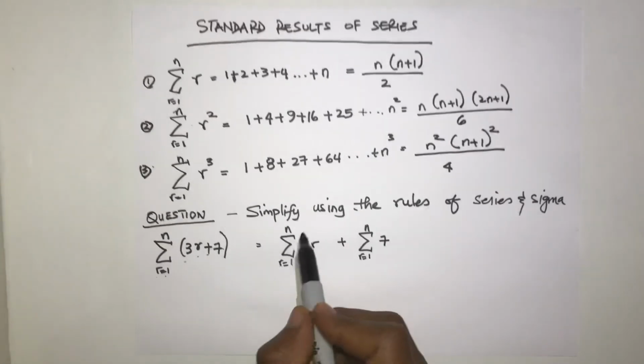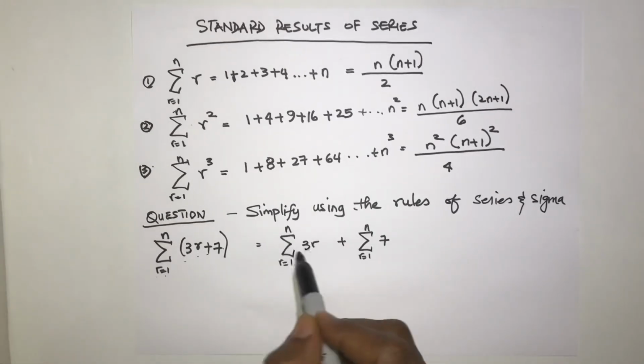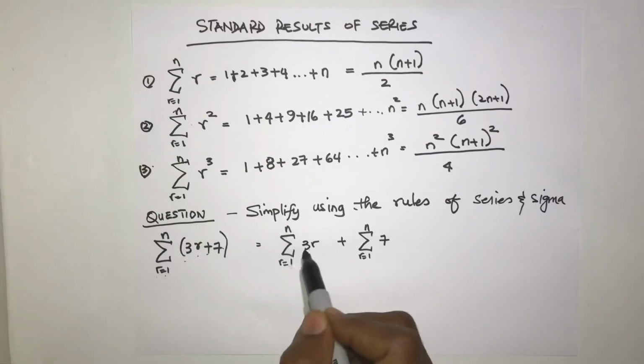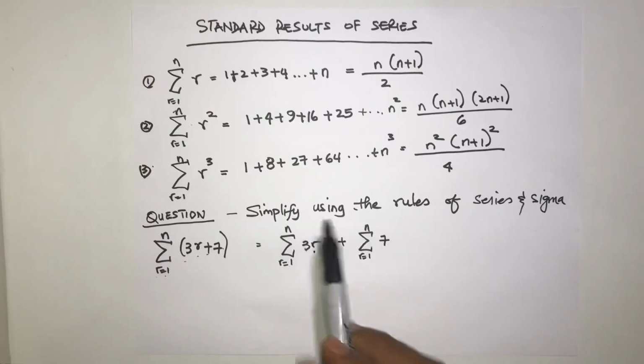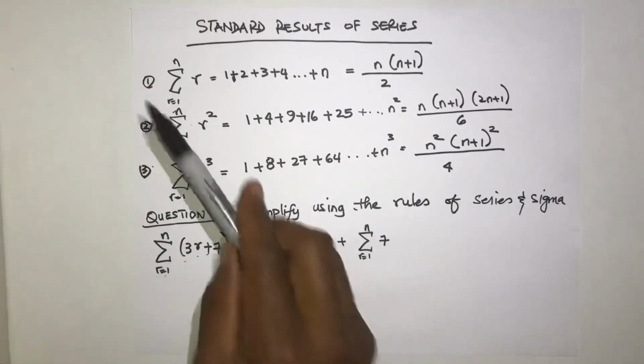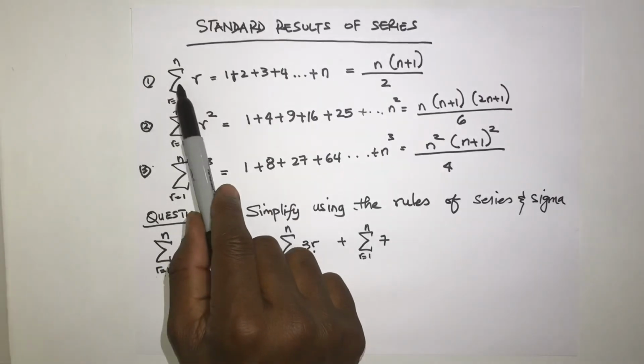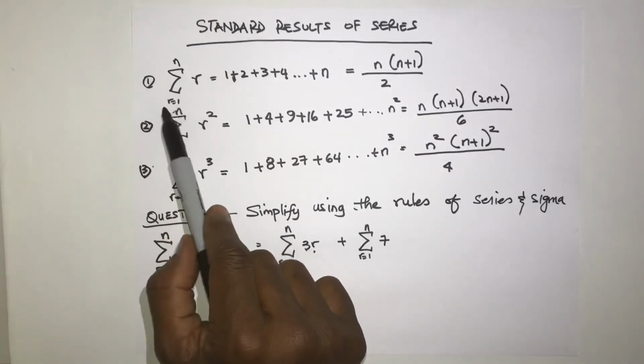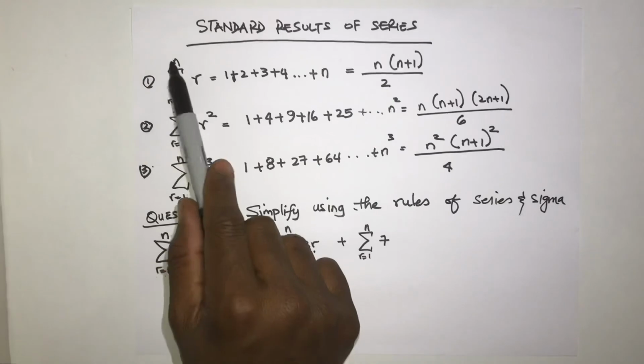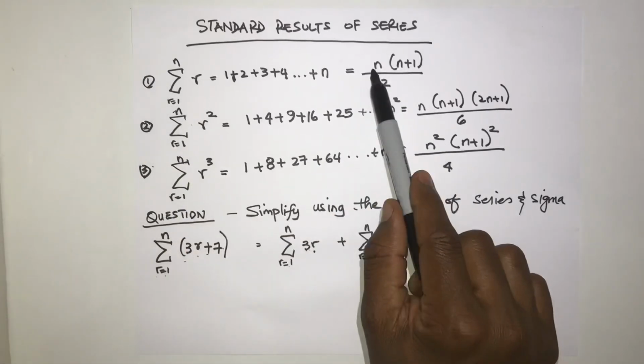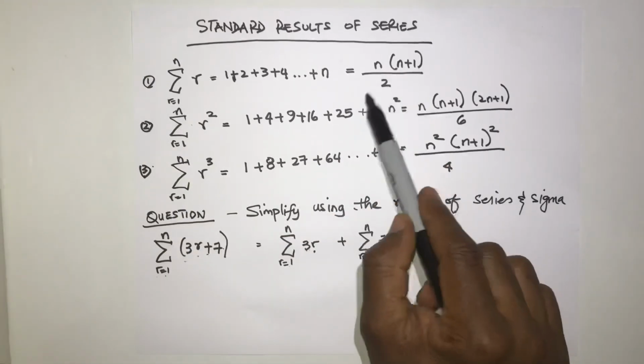Now we're looking at the summation of r equals 1 to n of 3r. We can see that this is common to the first standard rule here, which is the sum from r equals 1 to n of r, which is n times n plus 1 all over 2.